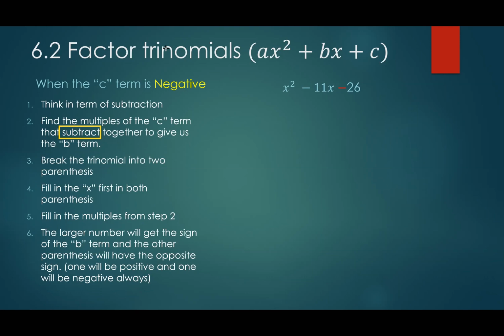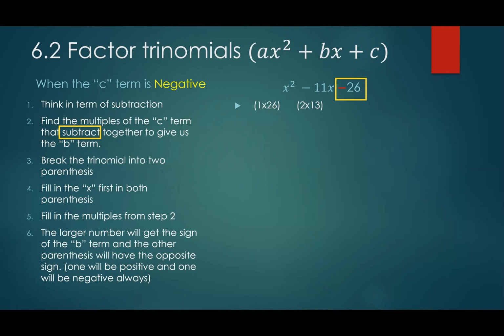So let's take a look at this problem. Clearly, it is color-coded, and you see that the 26 is negative. Now, are there two numbers that multiply to give me 26, but subtract to give me 11? If you're in doubt, you can always list them out. There's not much of a list, because 1 times 26 is 26, and 2 times 13 is 26.